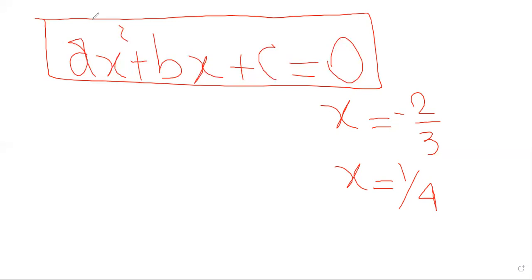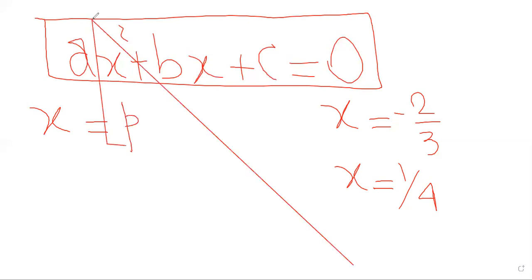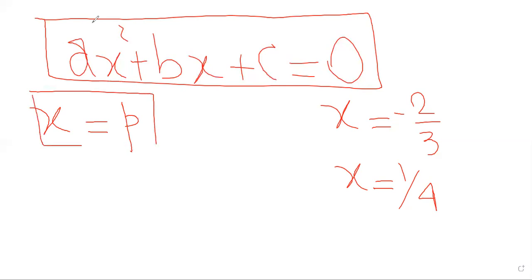Whenever we are talking about the factor of this one, if I'm saying that x is the root of the above equation, let's suppose this is p. If x is equal to p is the root of any equation, then x minus p will be the factor of the above equation.